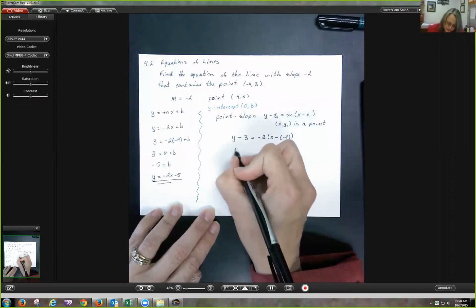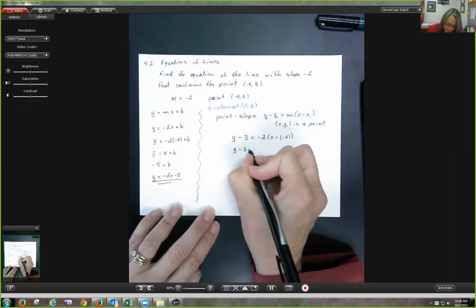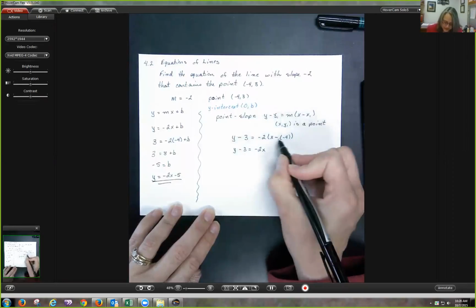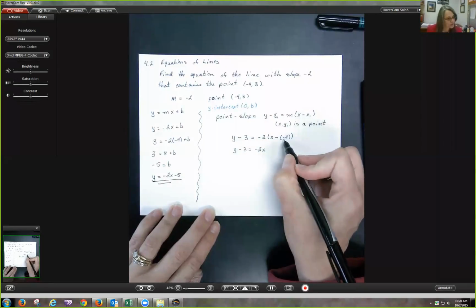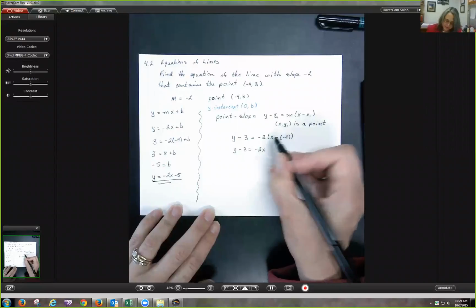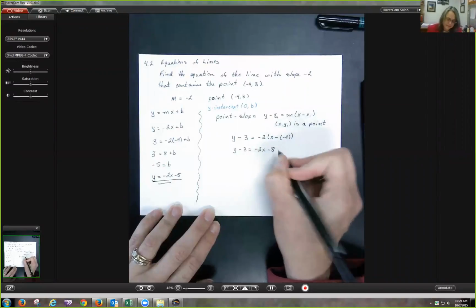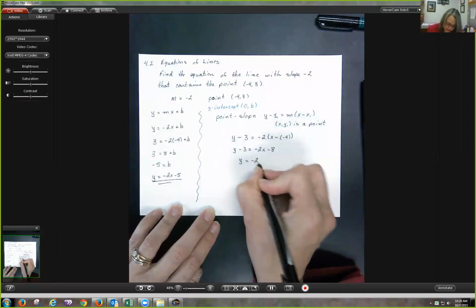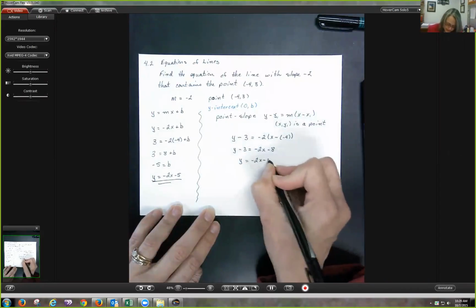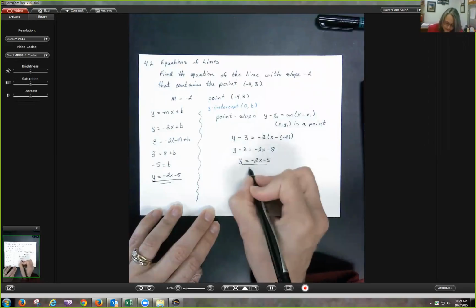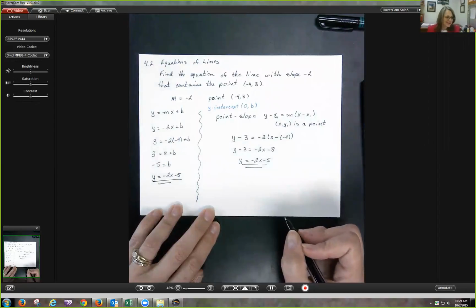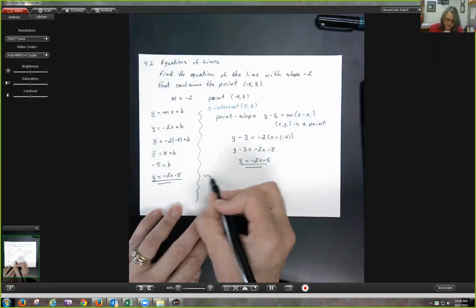Do a little work, and we get y minus 3 equals -2x. Now be careful here. Minus -4 is plus 4. Multiply by -2, and we get -8. Add 3 to both sides, and y equals -2x minus 5, which is the same answer we got before. So you can use either form of the equation of a line to solve these types of problems.